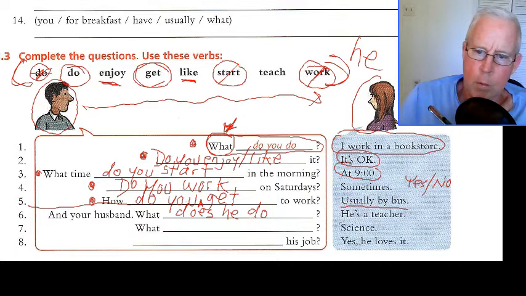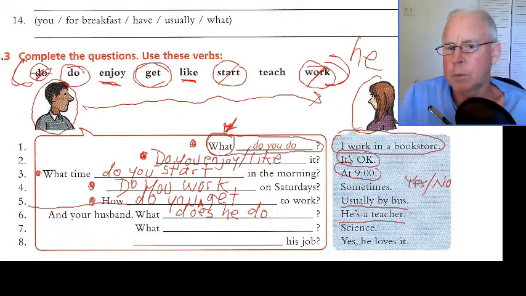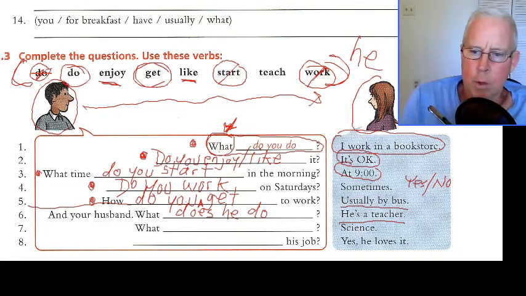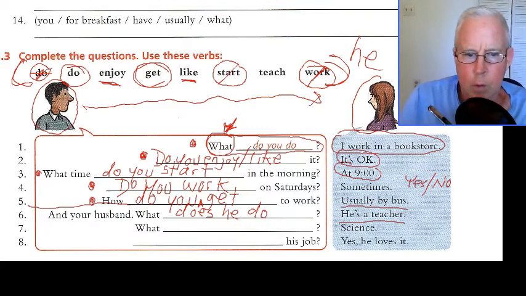We want to know his job, because her answer here is he's a teacher. That's his job. So, and your husband, what does he do? means and only means what's his job.